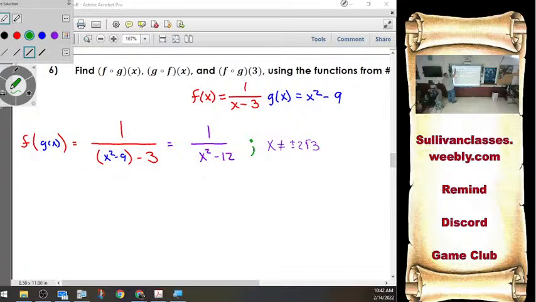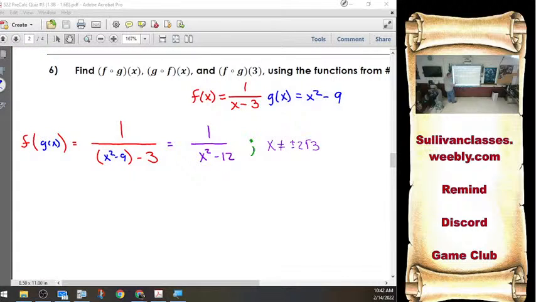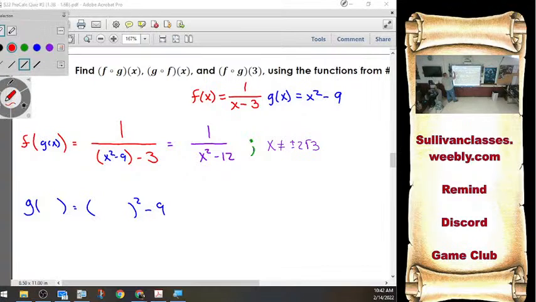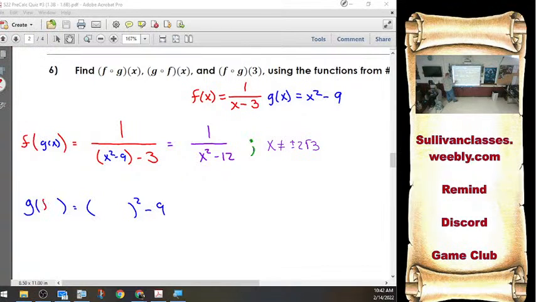f of g, and now g of f. The g rule says the purpose of g is to subtract 9 from the square of a thing. That thing is going to be f of x, which is 1 over x minus 3.